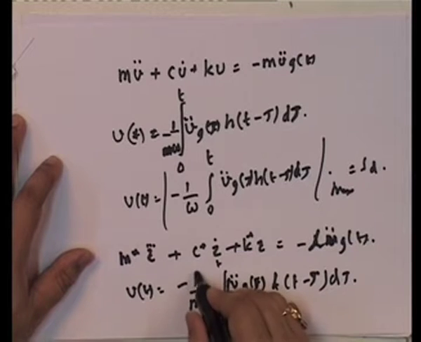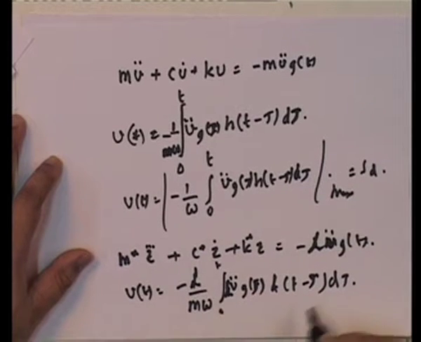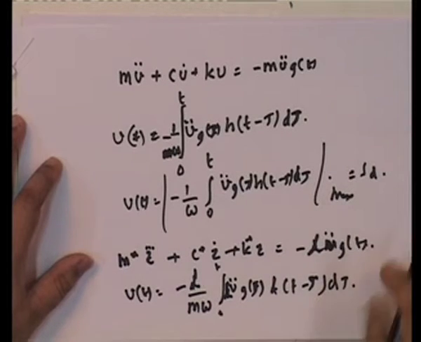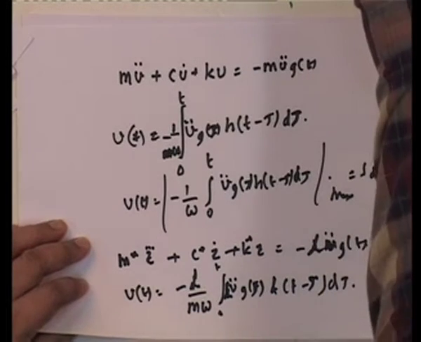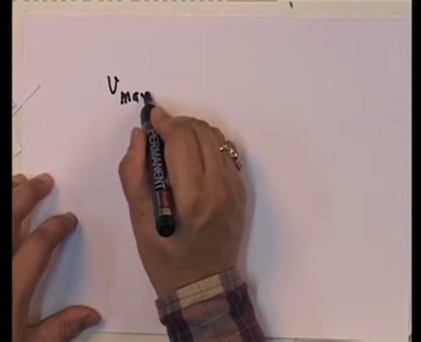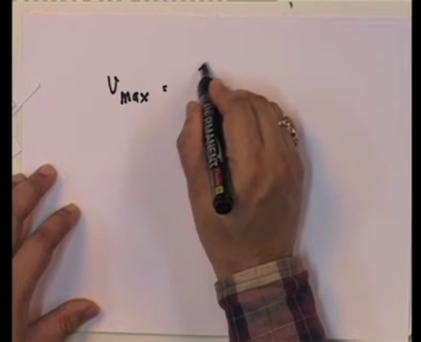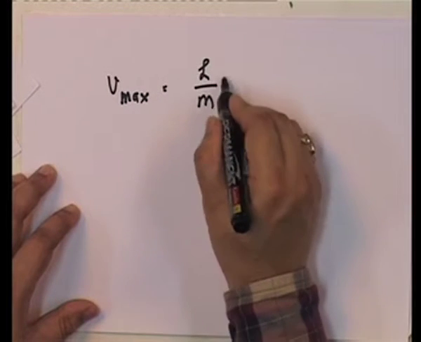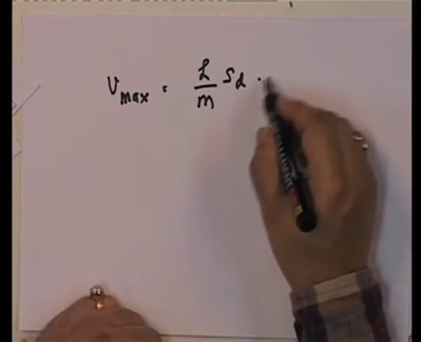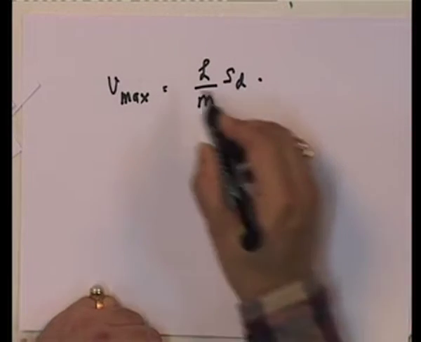L comes out here. So this part is identical to SD. So the peak displacement is equal to L upon m into SD.